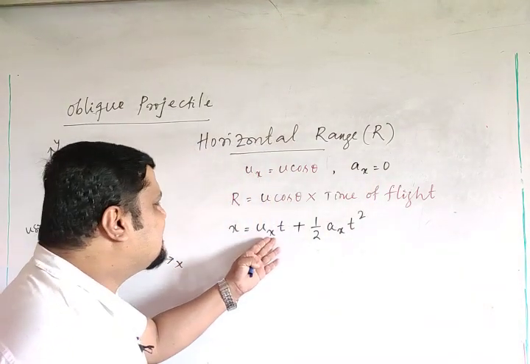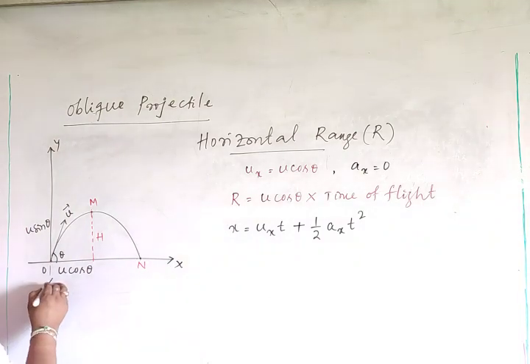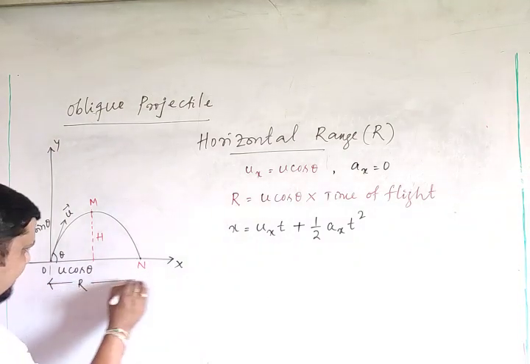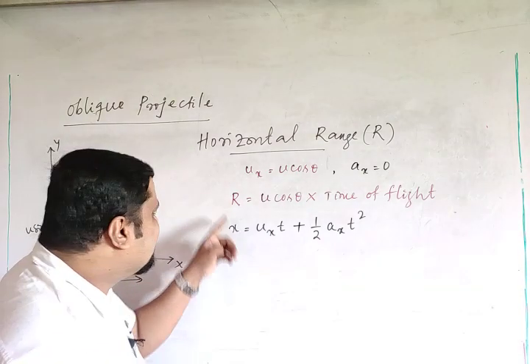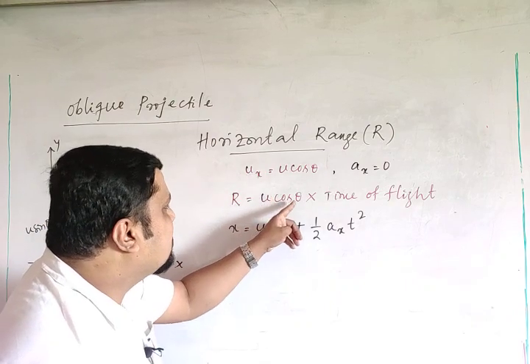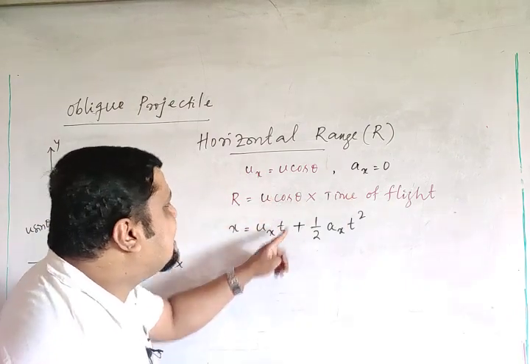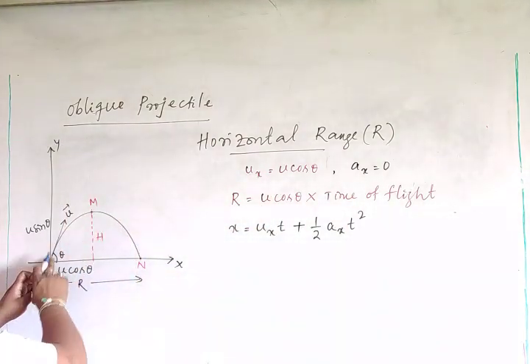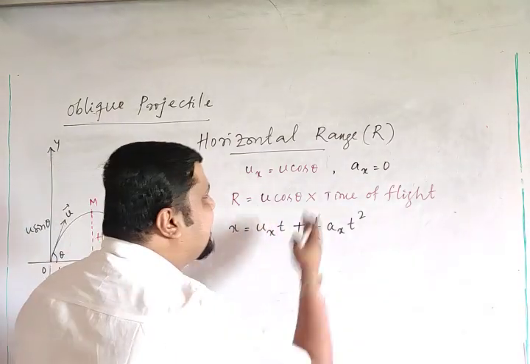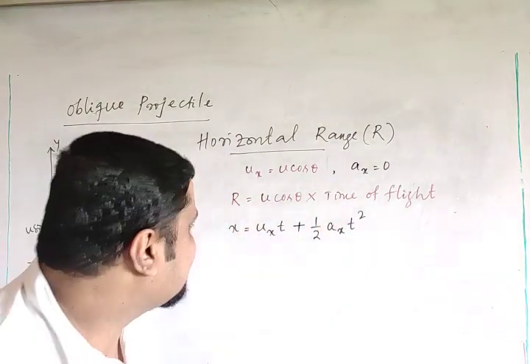So x is equal to ux t. That x distance is the range R, ux is u cos theta, and t is the total time taken to reach from O to N, that is the time of flight, capital T. From there I got this expression.